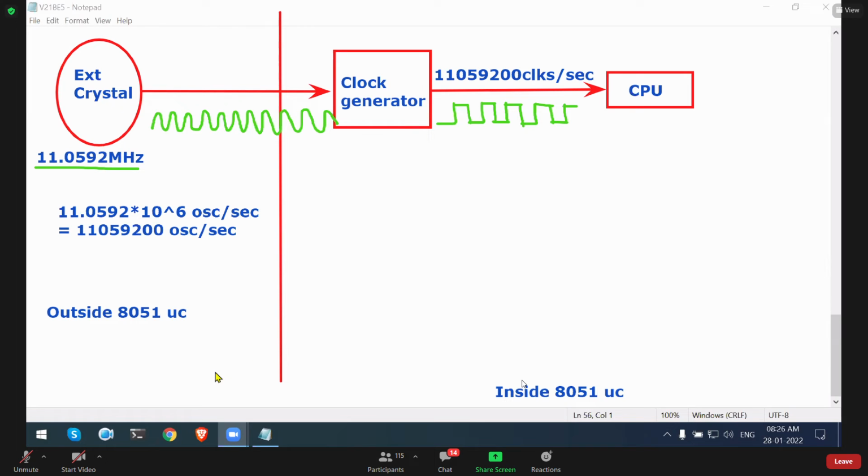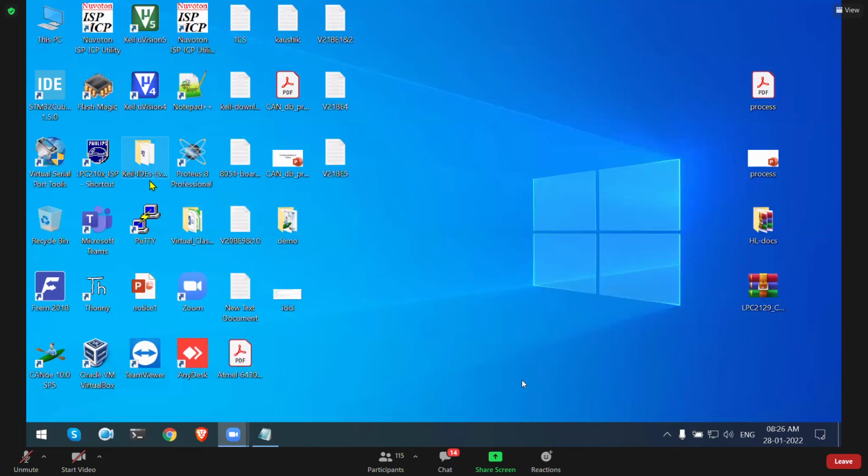Okay, so the next point is that the 8051 CPU is getting these many clock pulses in 1 second because of this crystal value. Let me show you this crystal oscillator on the board.